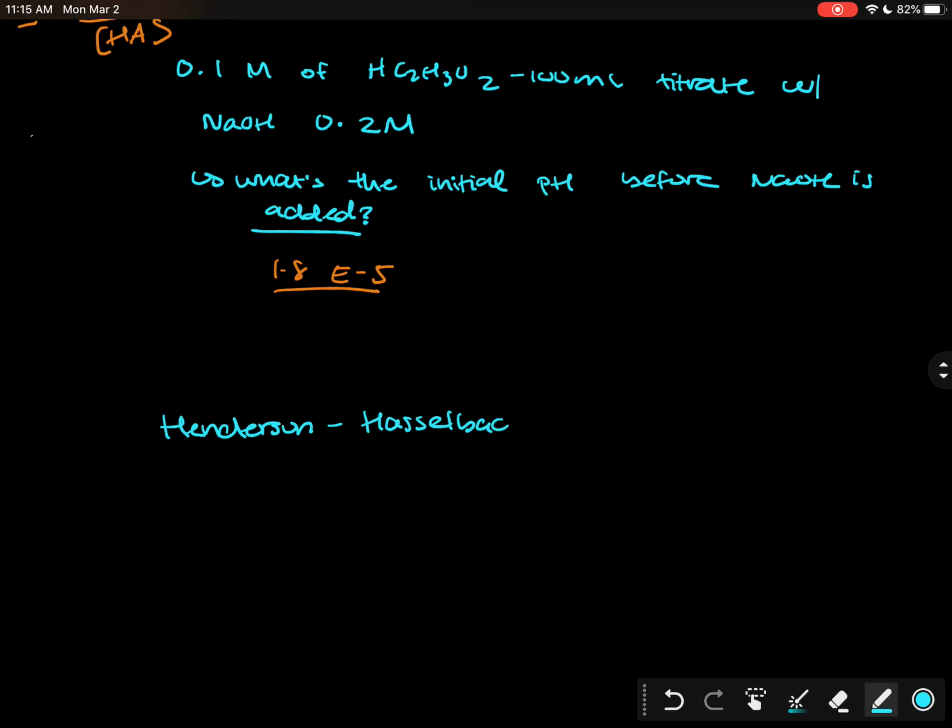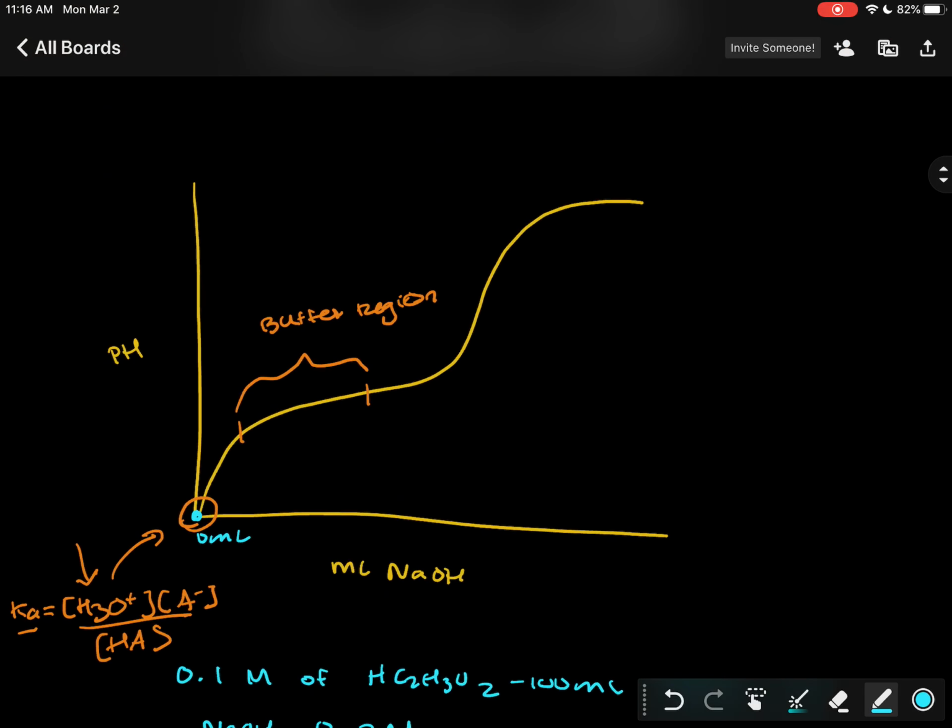It states that our pH equals the pKa plus the log of our A minus concentration over HA. So we can pretty much use the HH anywhere in there.